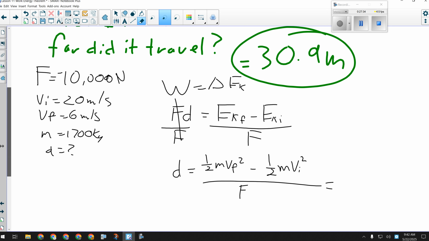Then we'll plug in our numbers. 1/2 times 1,700 kilograms times 20 squared minus 1/2 times 1,700 times 6 squared divided by 10,000 newtons.